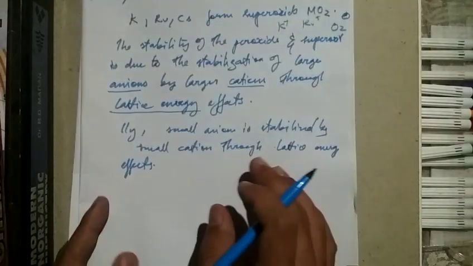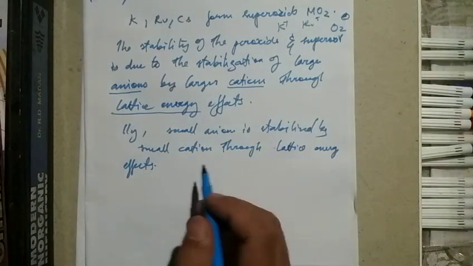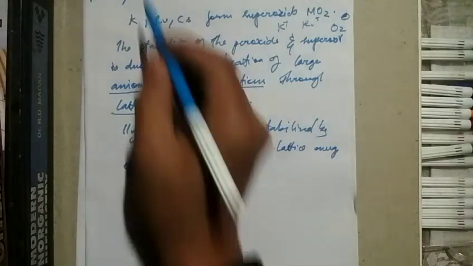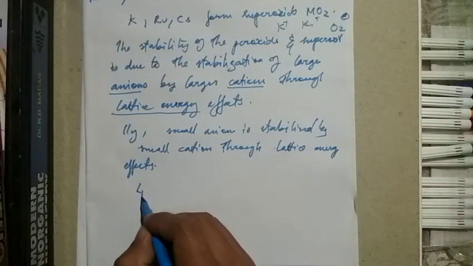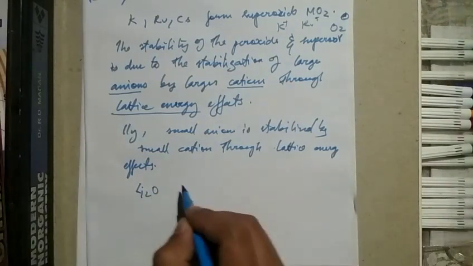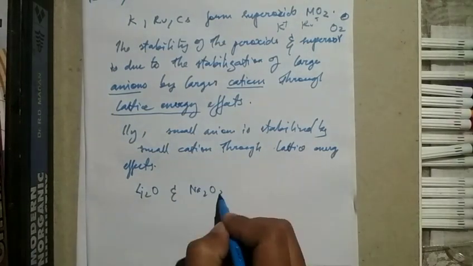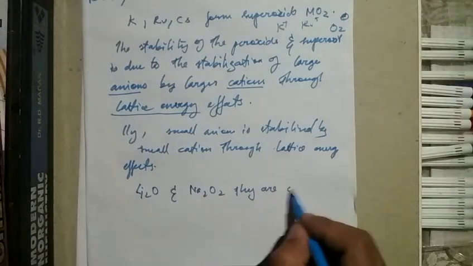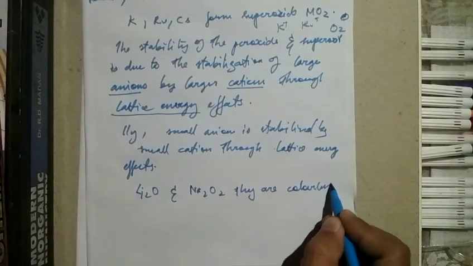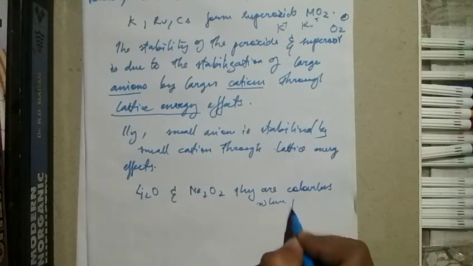Let's see some more points. The first one, Li2O, and Na2O, are colorless when pure.